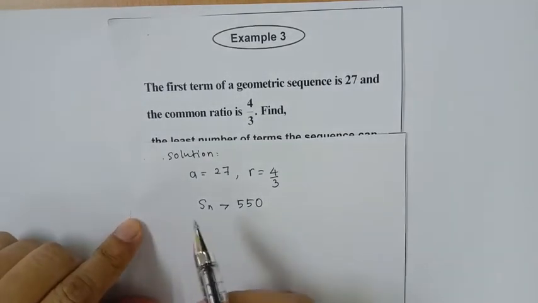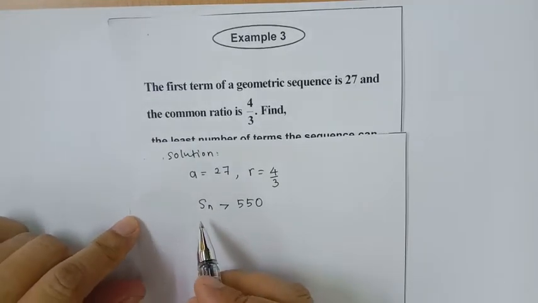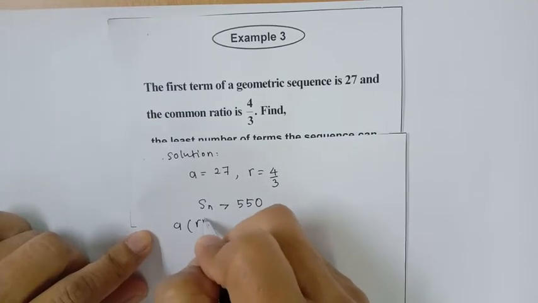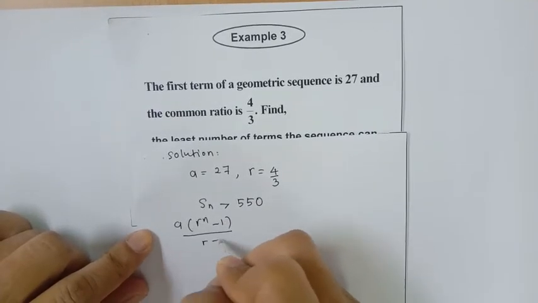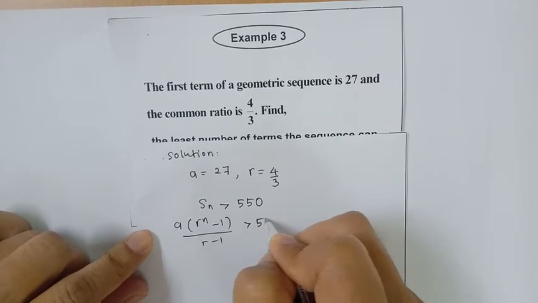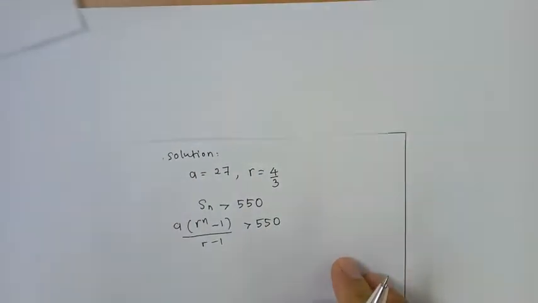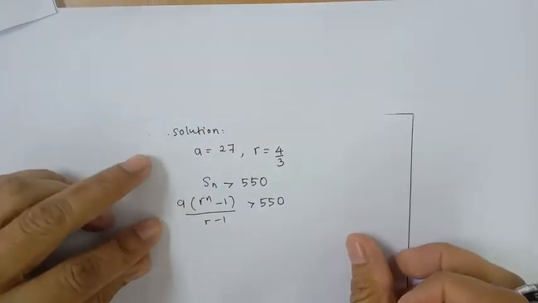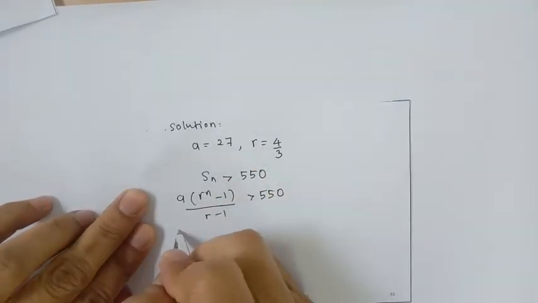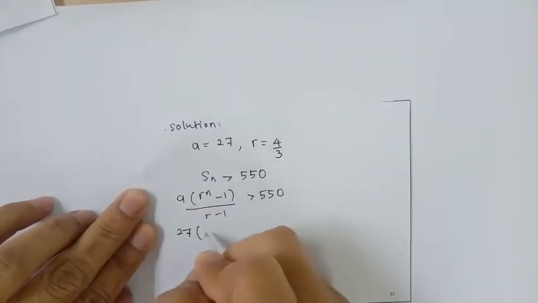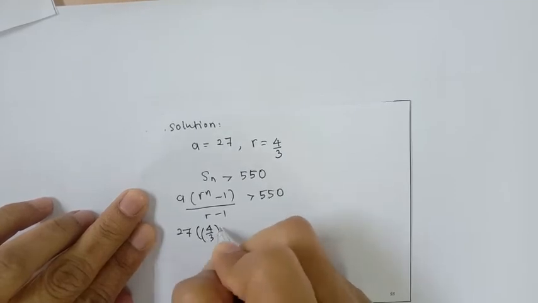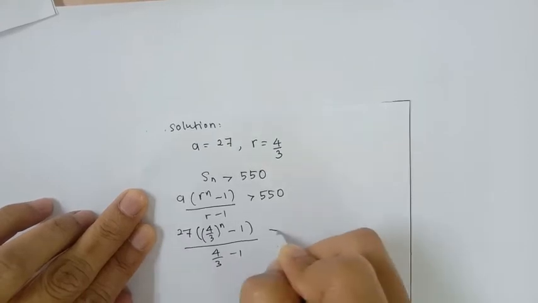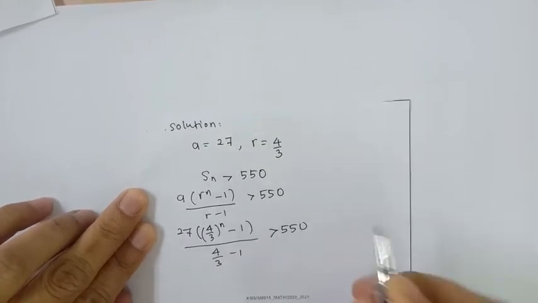Substitute into the Sn formula. So a times r power of n minus 1 over r minus 1 more than 550. Next, substitute a and r. 27 times 4/3 to the power of n minus 1 over 4/3 minus 1 more than 550.